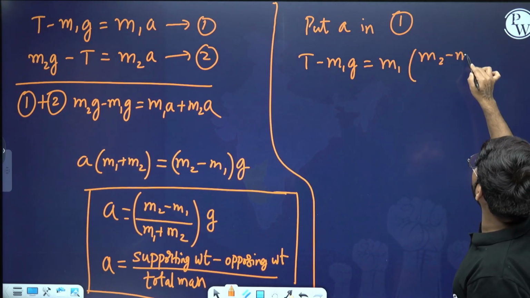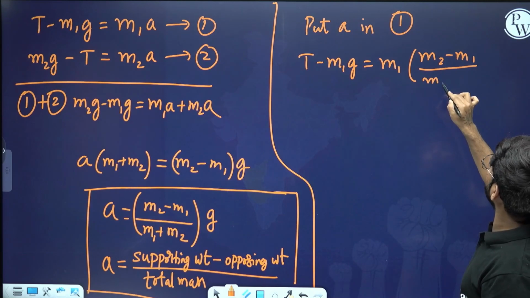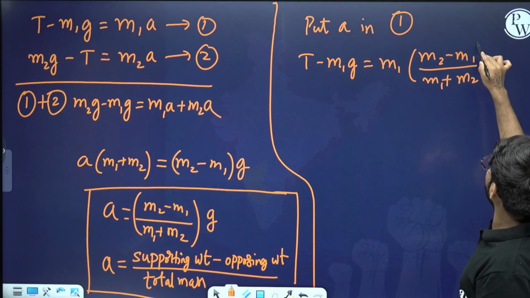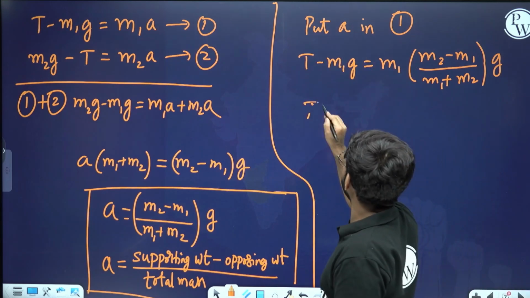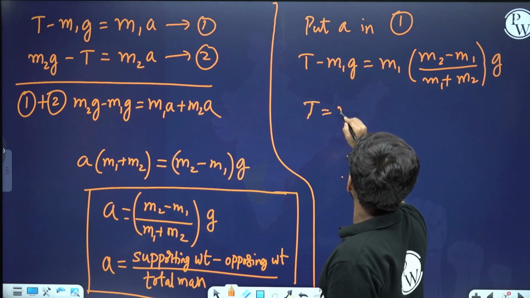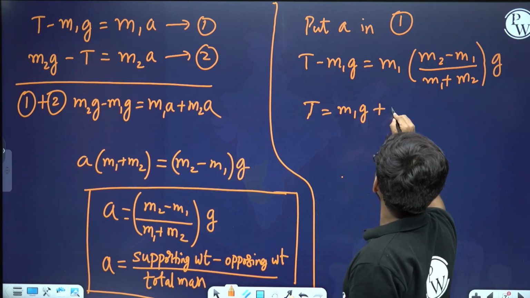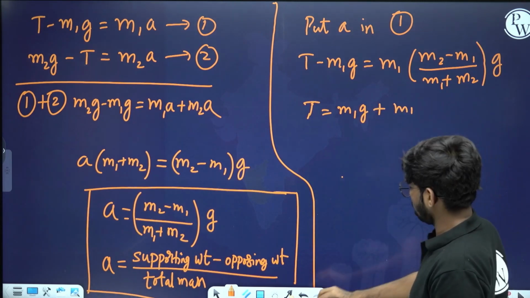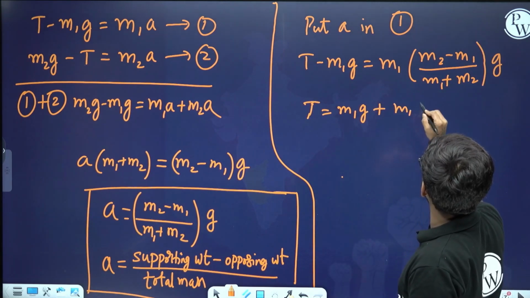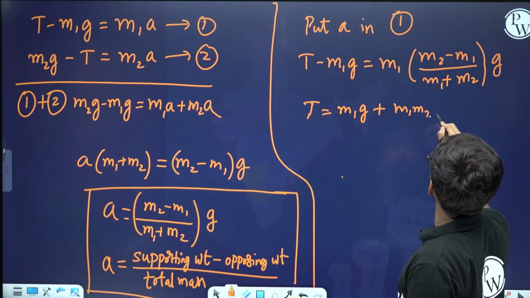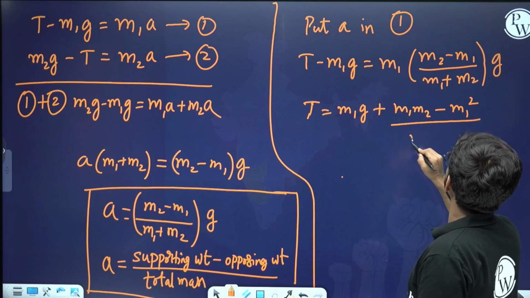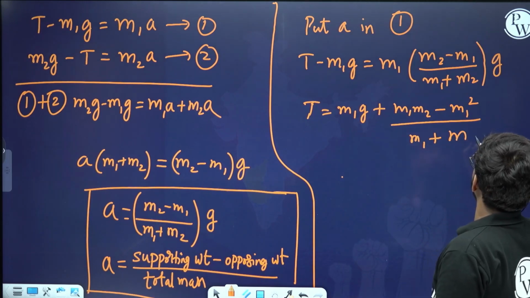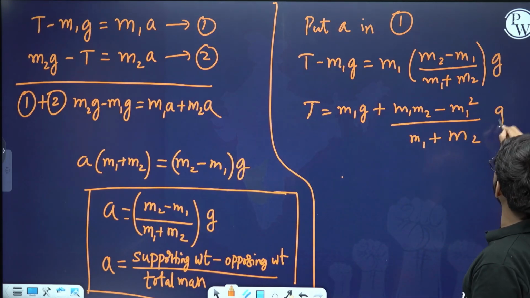M2 minus M1 divided by M1 plus M2 into G. See guys, ಈ M1G ನ ಈ ಕಡೆ ತರ್ತಾ ಇದ್ದೀನಿ. T is going to be equal to M1G plus M1, right? M1 into M2 minus M1 divided by M1 plus M2 into G.